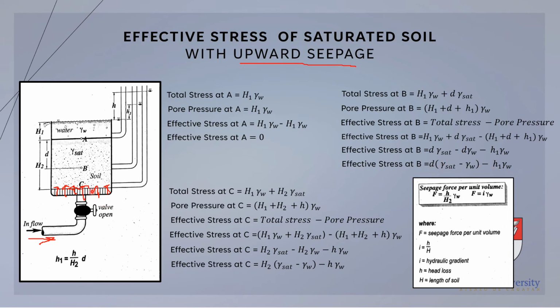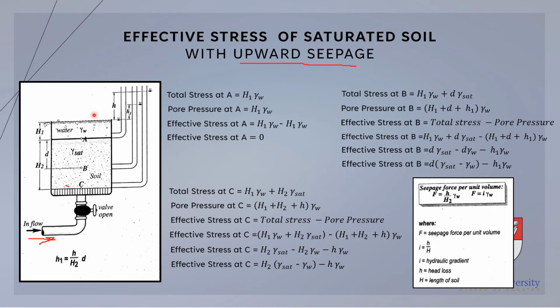So at point C, our point C is here. So the total stress at point C is equal to H1 times gamma water plus H2 times gamma saturated. So the pore water pressure at point C is equal to H1 plus H2 plus H here.